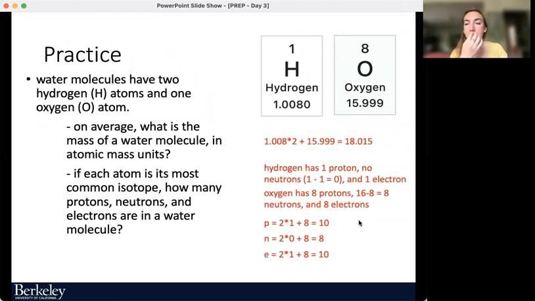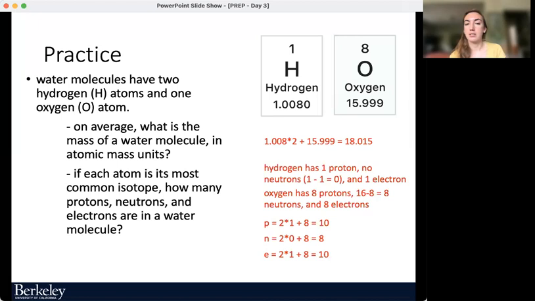And then the last thing is the number of electrons. There are 2 hydrogen atoms with 1 electron each and 8 electrons in the oxygen atom. So that's a total of 10. Another way of getting to 10 is that there has to be the same number of electrons as protons, given that our molecule is neutral. Does anybody have any questions on this?